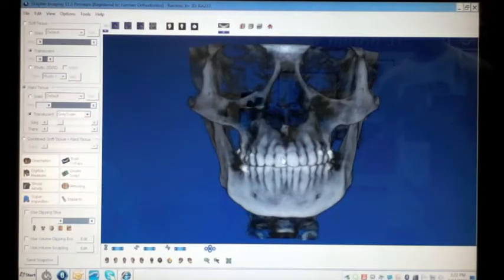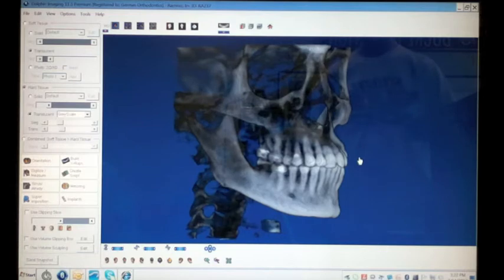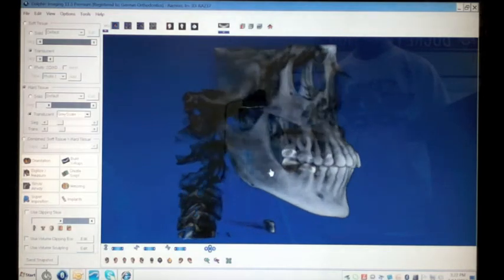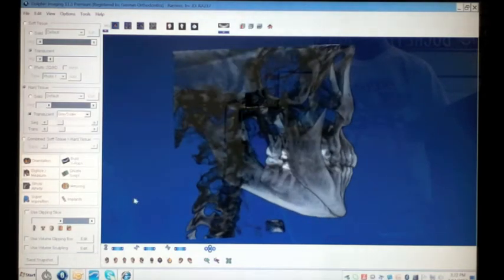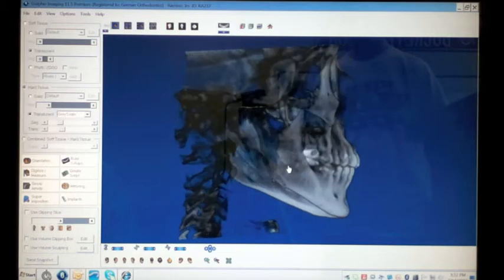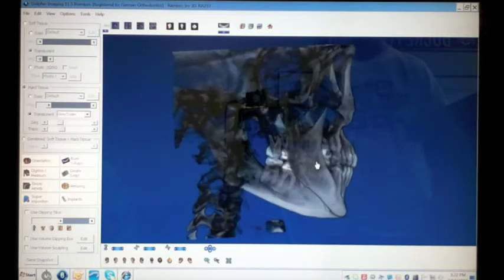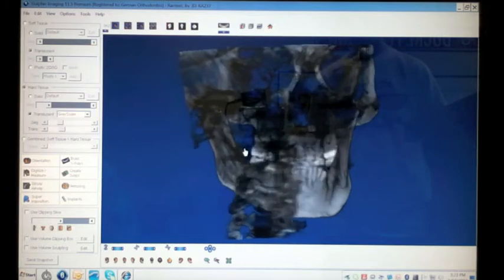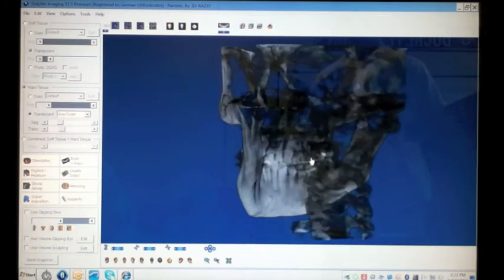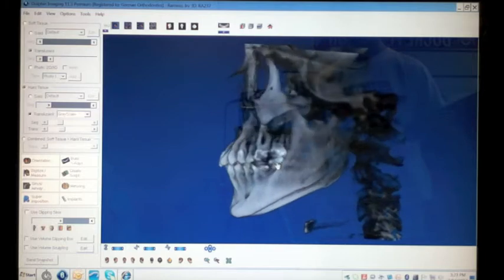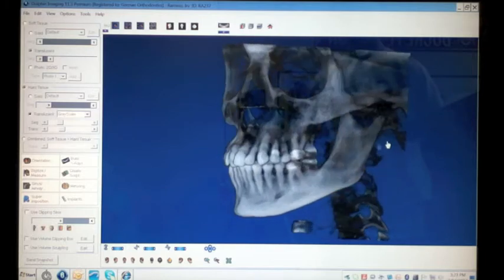We start off by getting an overview of the hard tissues in this view, and as we go around we're looking for any incidental pathology as well as part of our orthodontic assessment. We look at the cervical spine as well as all of the hard tissues that appear in this image.